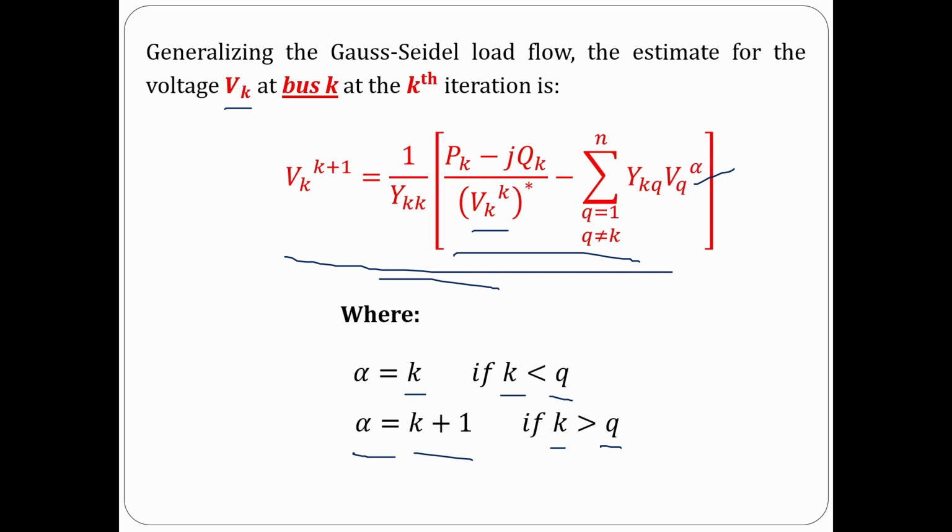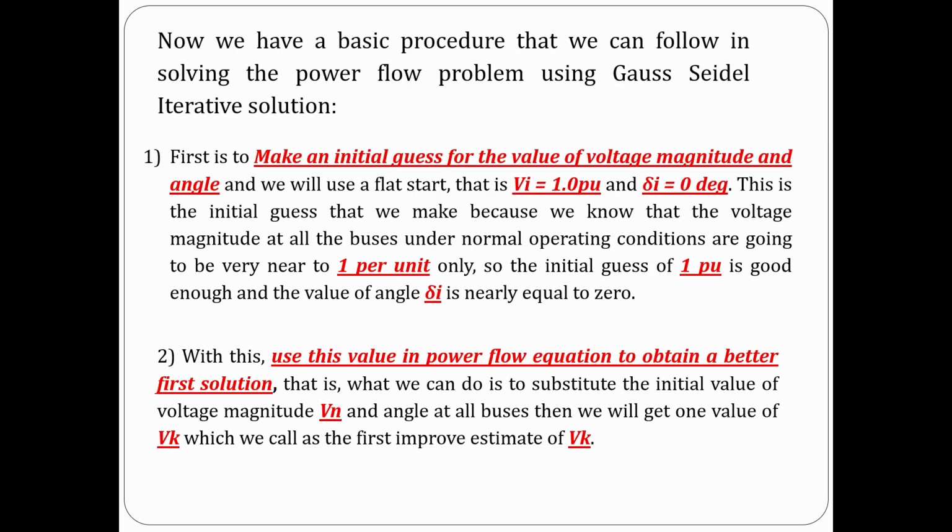This slide is about the procedure that we can follow in solving the power flow problem using the Gauss-Seidel iterative solution. Number 1, first make an initial guess for the value of voltage magnitude and angle, and we will use a flat start, that is Vi equal to 1 per unit and delta i equal to 0 degrees.